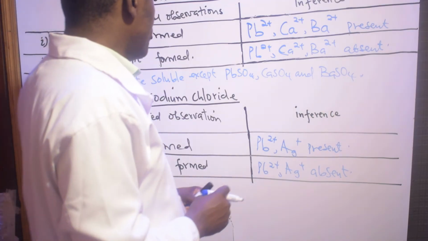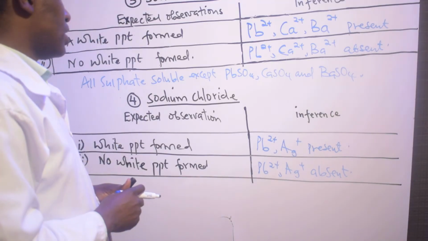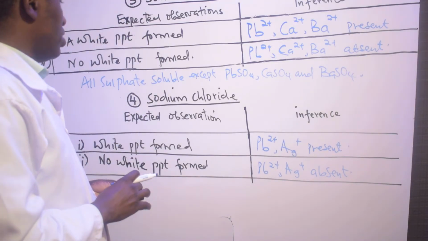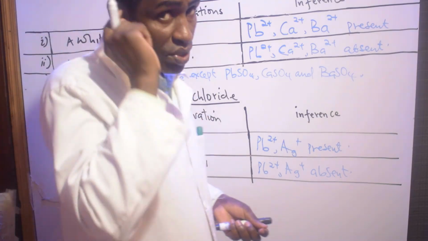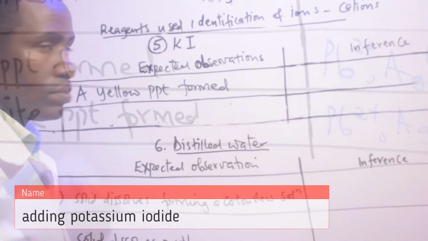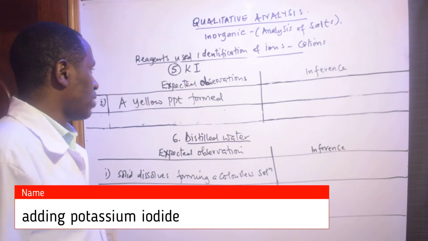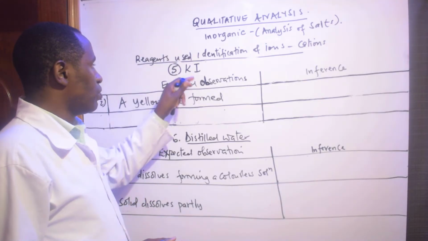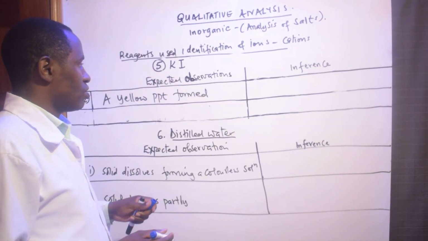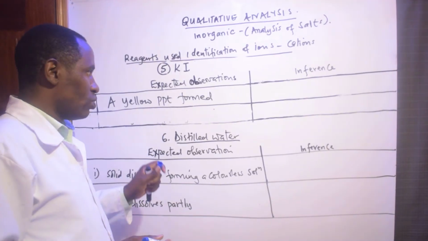Now, maybe we can discuss up to that point, but let me also mention another reagent that we commonly use here. Reagent 5, let's talk about the potassium iodide. When you put potassium iodide in a solution, you may expect a yellow precipitate.